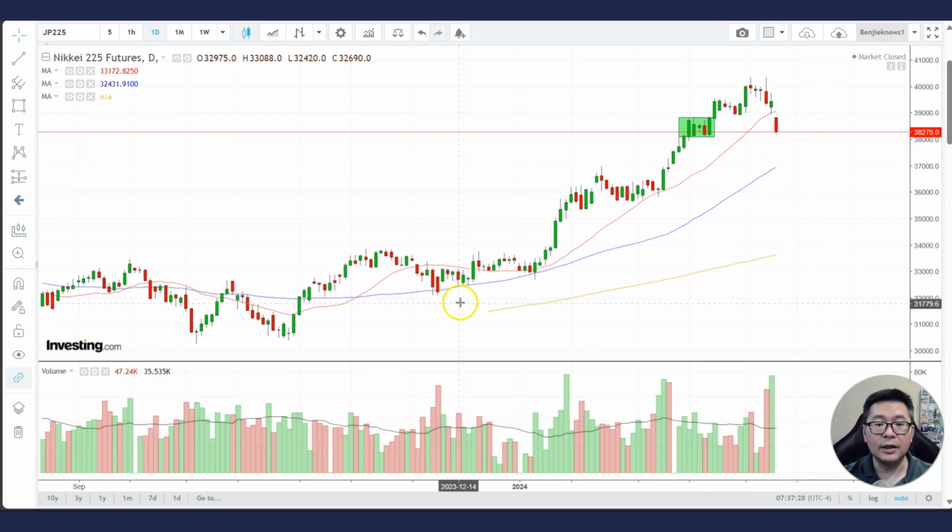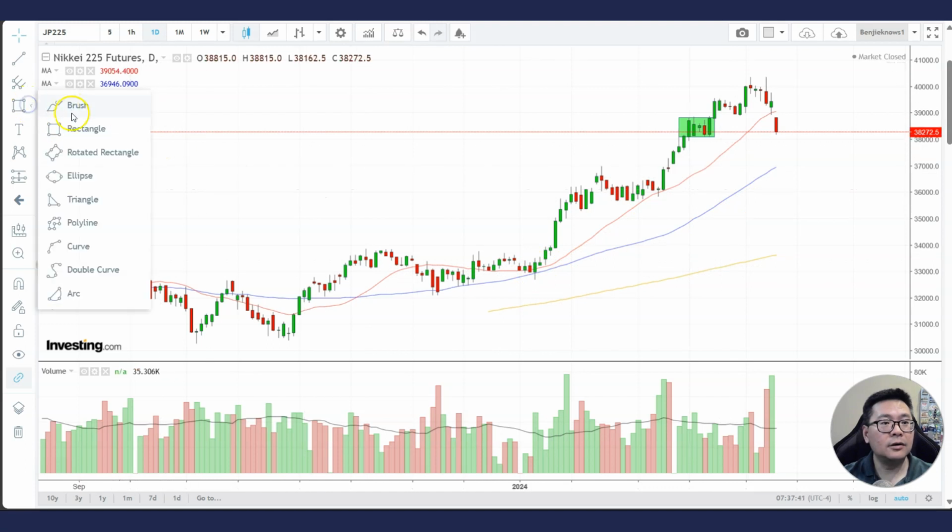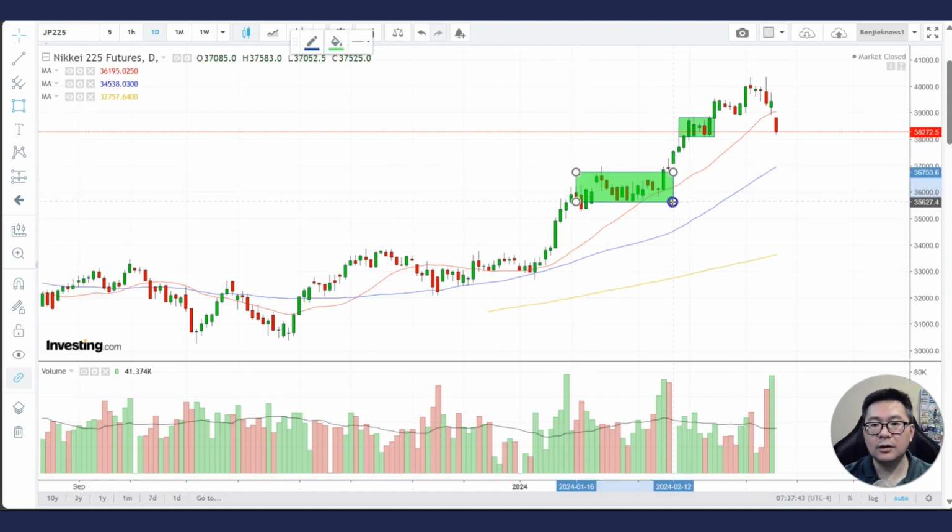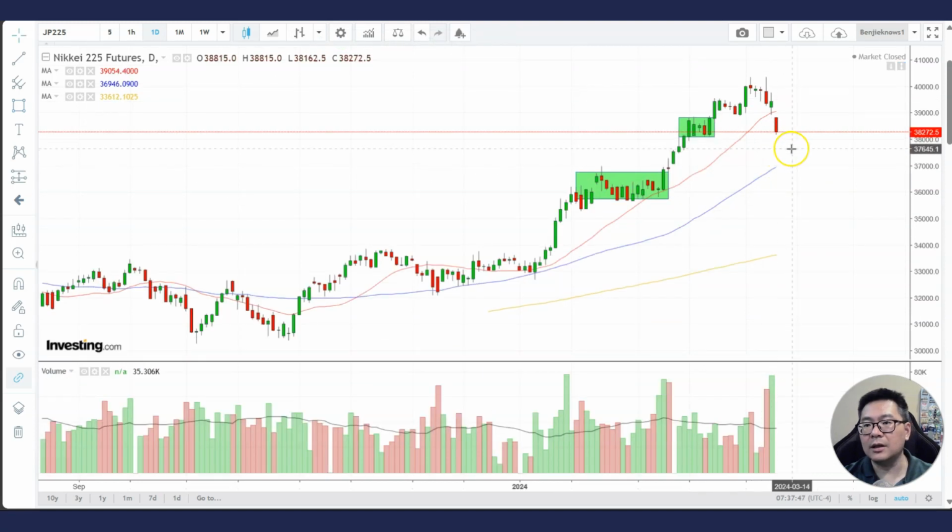For example, the correction to the 50 MA here produced a trading opportunity, and the next area of support is around here. Even if it breaks below the 50 MA here, if it doesn't drop below this support area, there's a buying opportunity if it drops to this area.